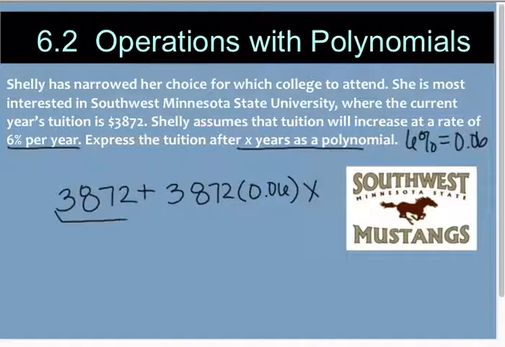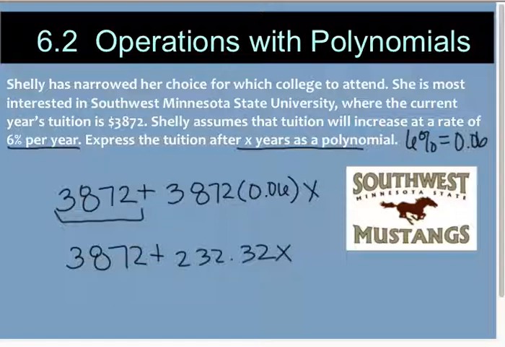This is the original tuition for year 1, the first year, and then every year after I'd add on that interest. So my polynomial would be 3,872 plus, if you take 3,872 times 0.06, you get $232.32.